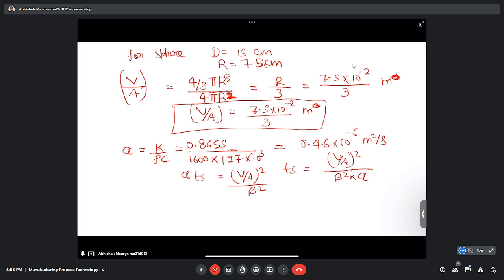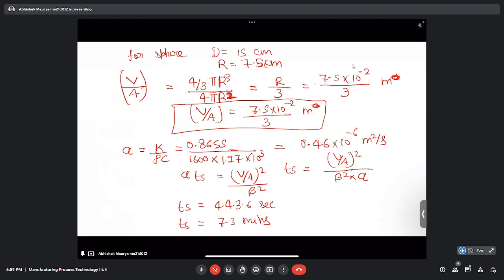And if we substitute all the values, what will we get? Ts equals 443.6 seconds, or if we convert it into minutes, it will come near about 7.3 minutes.